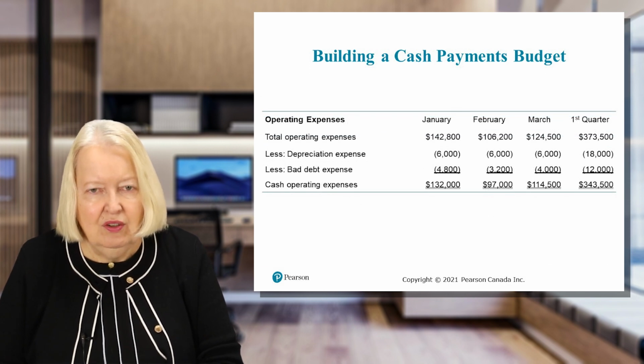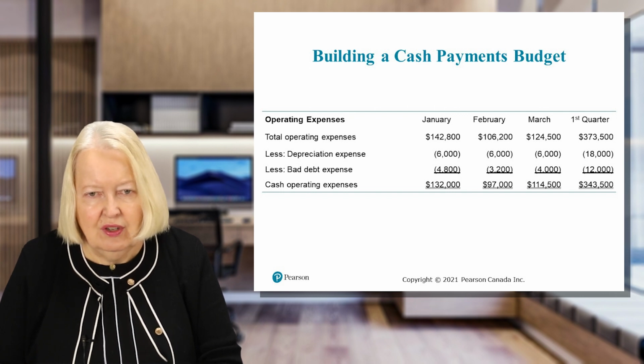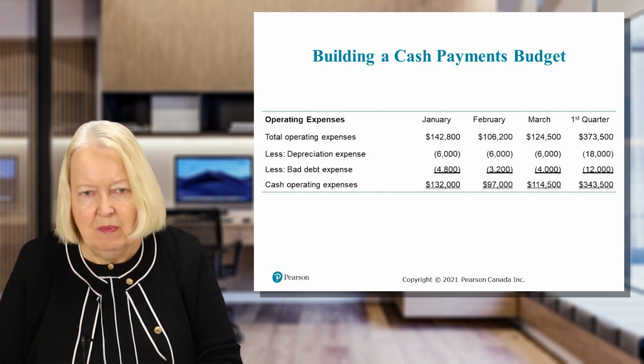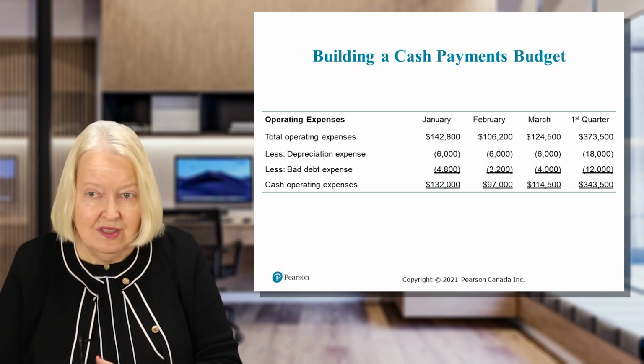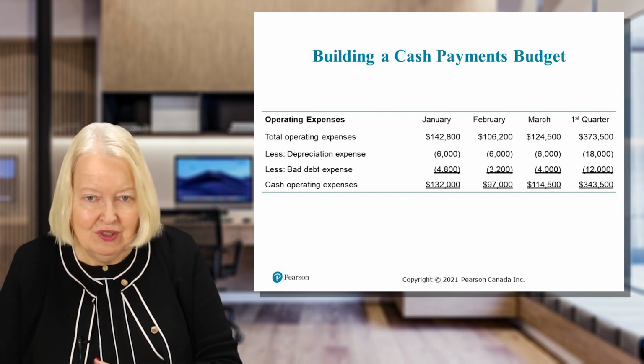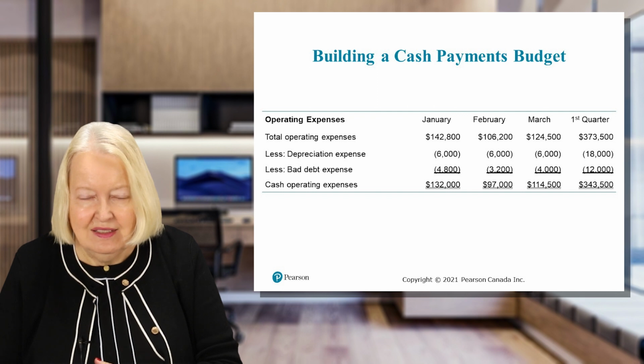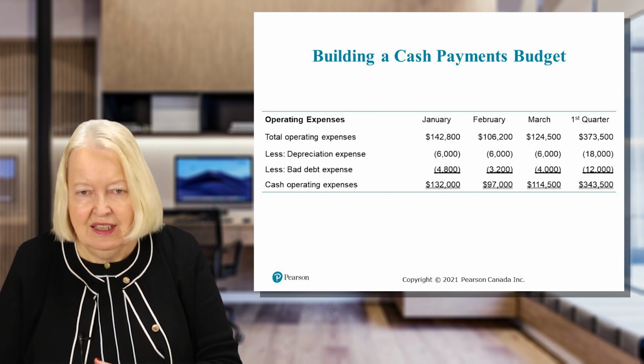So when you're looking at the next category, your operating expenses, again, we start off with the actual expenses that we calculated, 142,800. So then what we want to do here is look for any category of expense in that calculation that's not cash related.